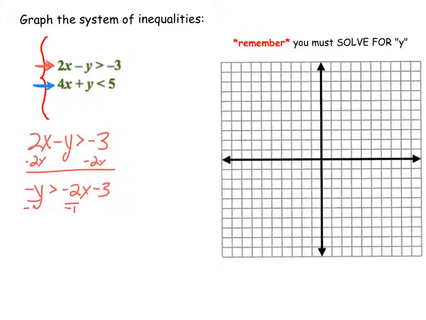When I divide by that -1, remember to flip my sign. And when I graph it, it's just y is less than, so I'm going to be using my dotted line. My y-intercept is 3, my slope is 2. And I'm going to draw in my dashed line.